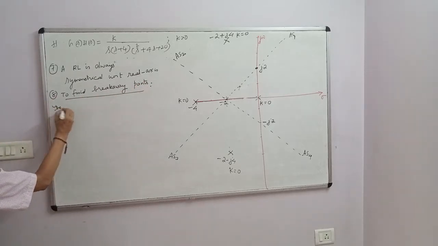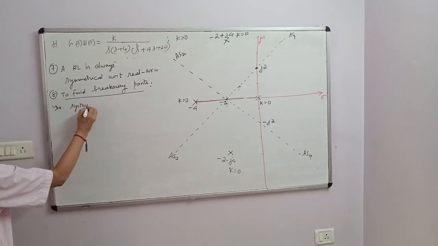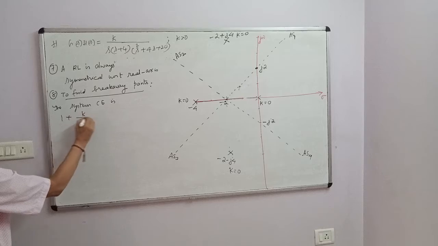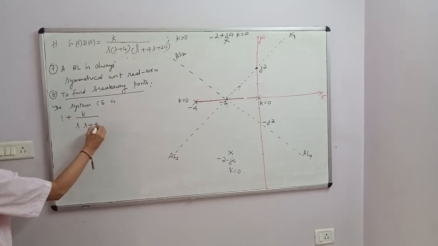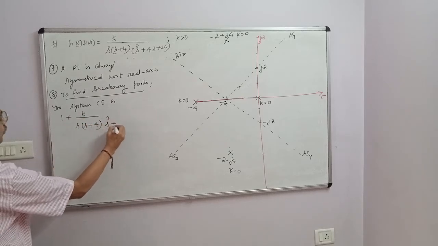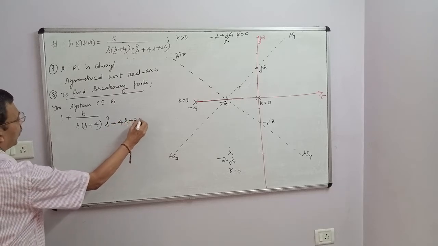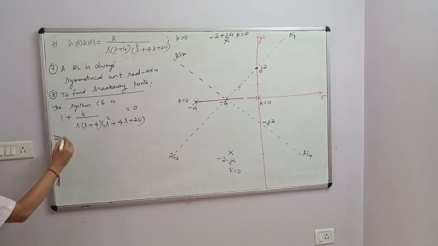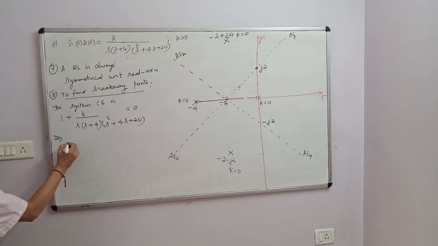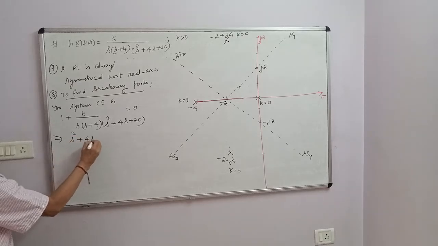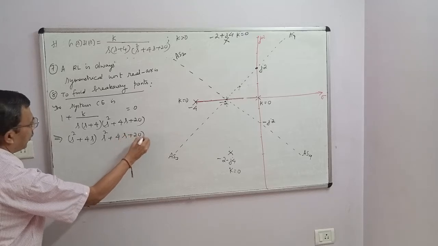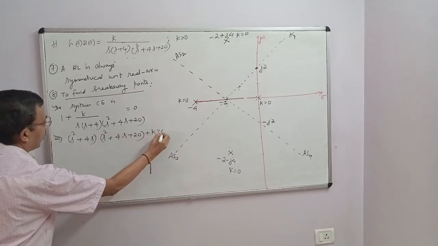The system characteristic equation is 1 plus k divided by s into s plus 4 into s square plus 4s plus 20 equal to 0. This implies take LCM and cross multiply. That gives you s square plus 4s into s square plus 4s plus 20 plus k is equal to 0.